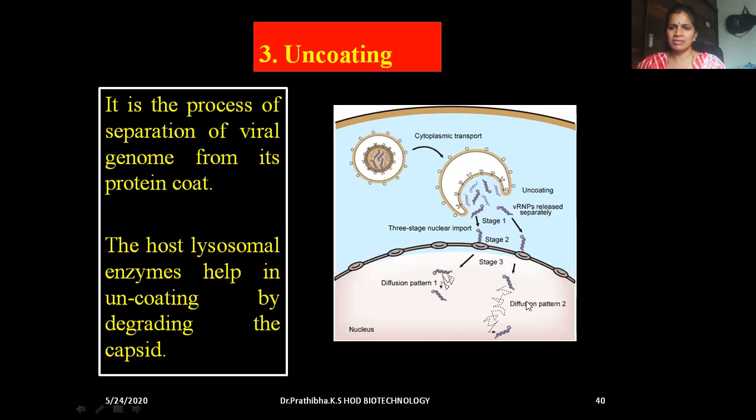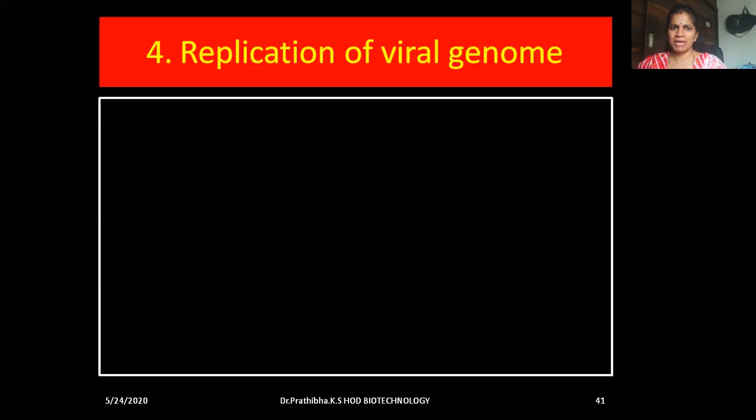Diffusion pattern 1, and this is diffusion pattern 2, where uncoating will be happening in the cytoplasm. So, 3 stages of nuclear import: stage 1 release, stage 2 entering into the nuclear membrane through the nuclear pore, then stage 3 within the nucleus. It means the host lysosomal enzymes help in uncoating by degrading the capsid in the cytoplasm.